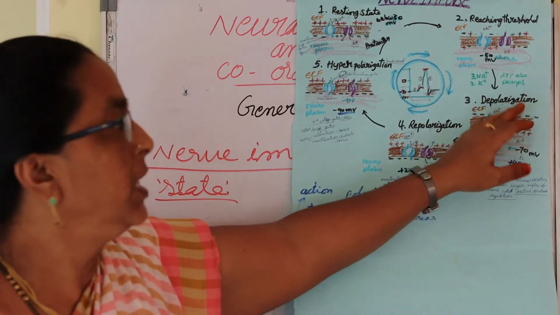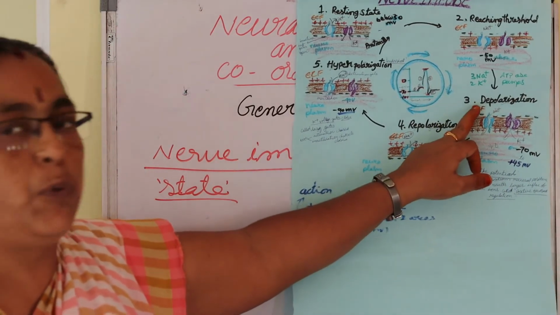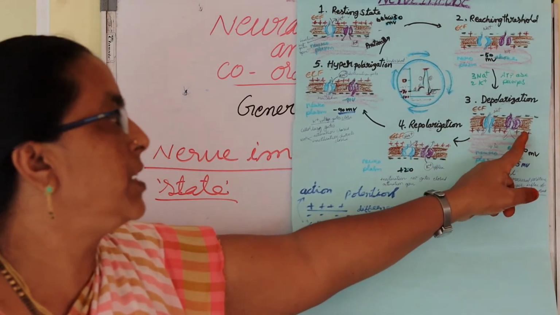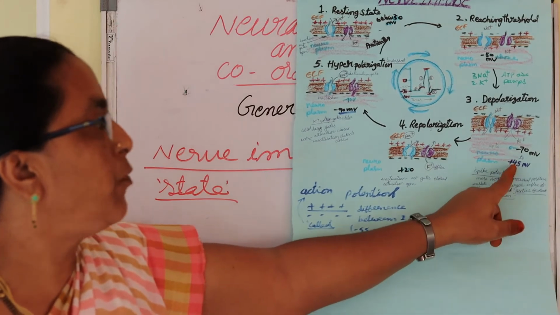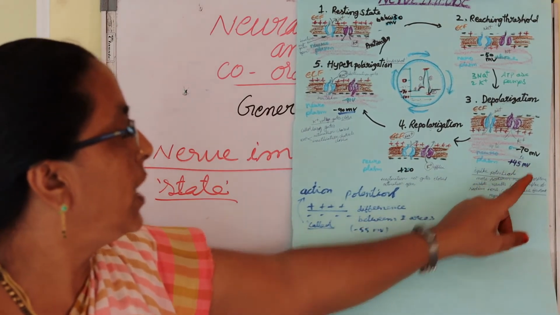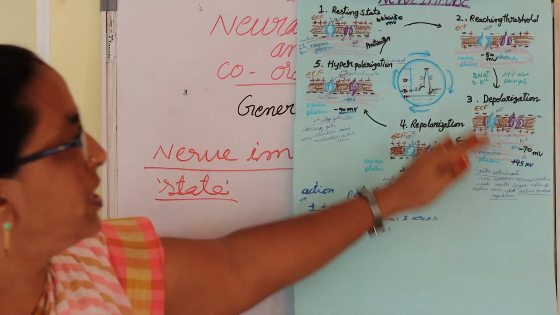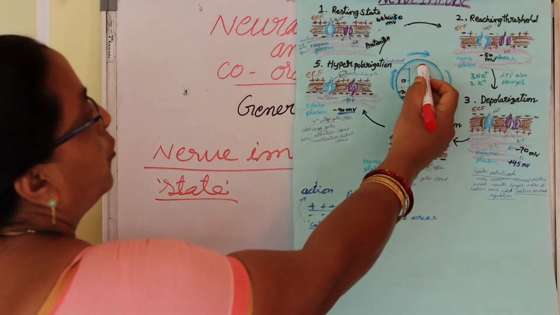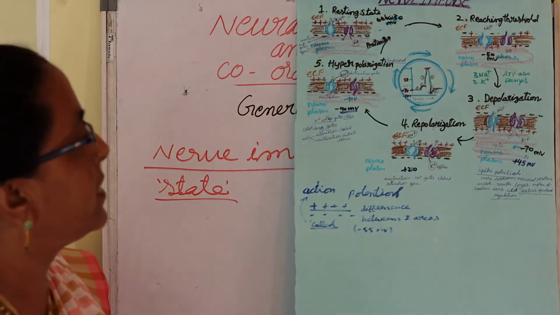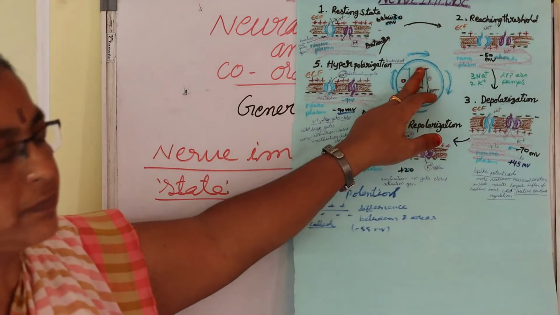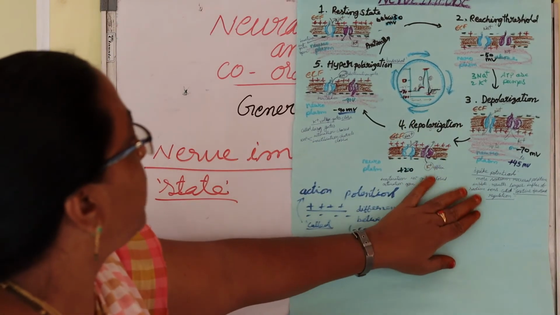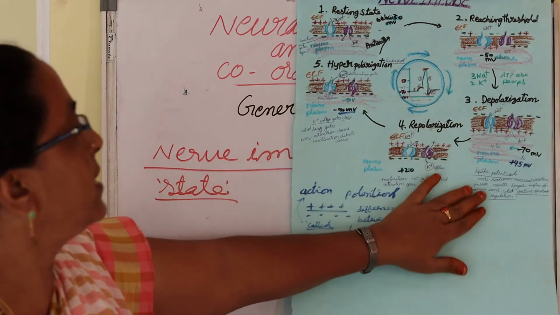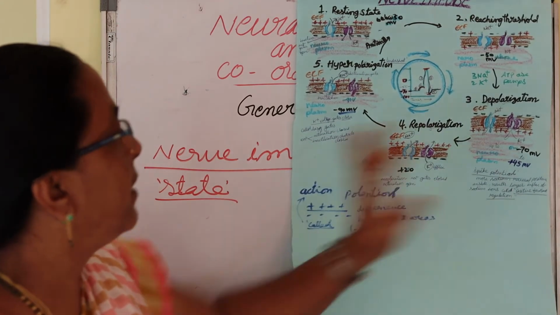This state we call depolarization. Inside the membrane becomes positive and reaches plus 45 millivolts. This position, up to 45, we call the spike potential, and also positive feedback regulation. More positives we call positive feedback regulation.